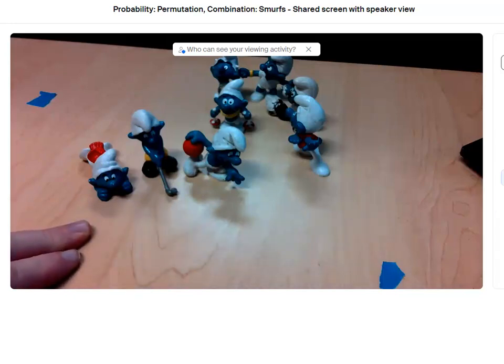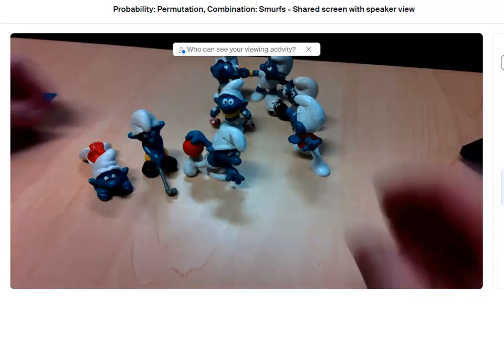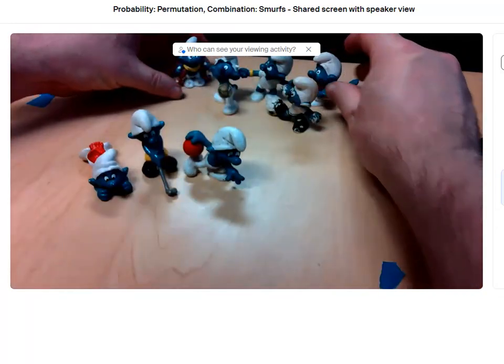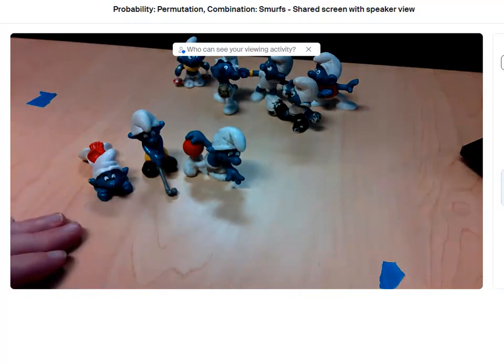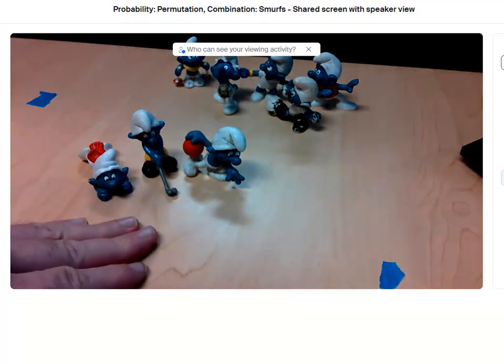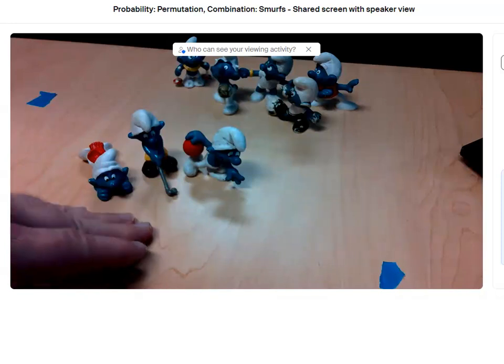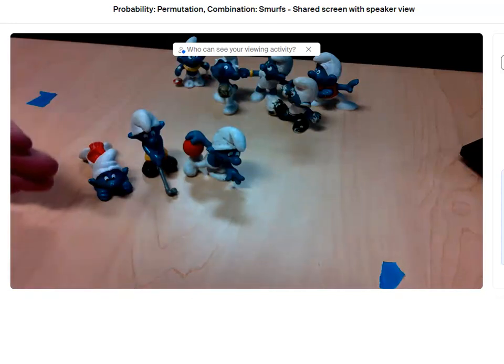Those are the 336 possibilities, permutations that we've mentioned several times. So the other way of doing it would be 8 factorial divided by 5 factorial.